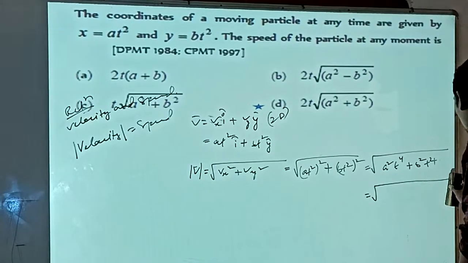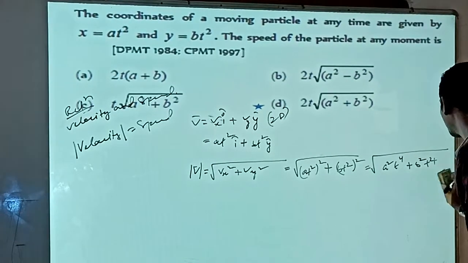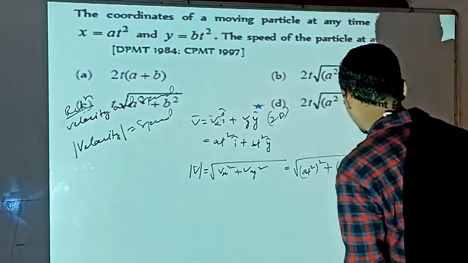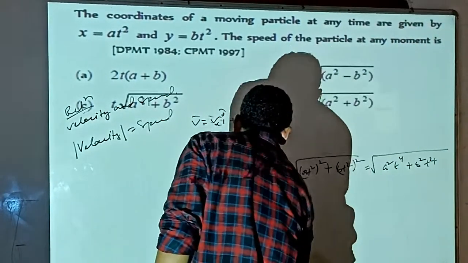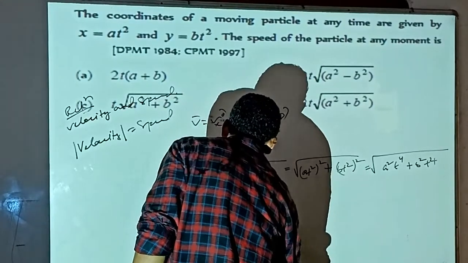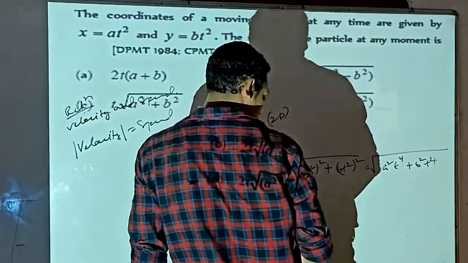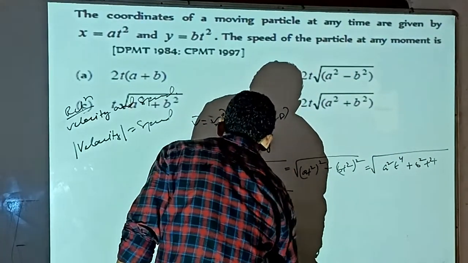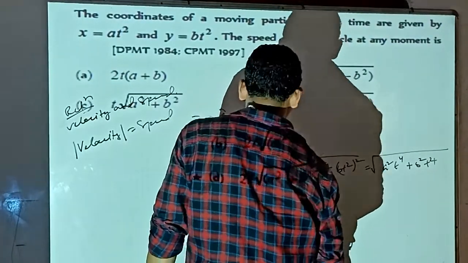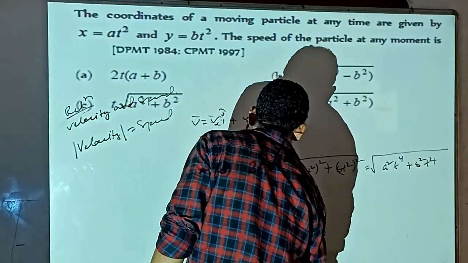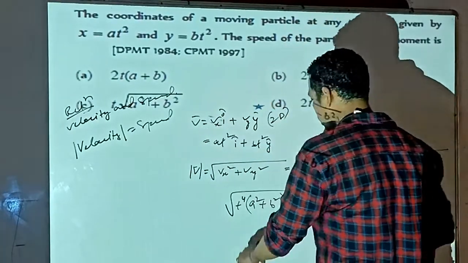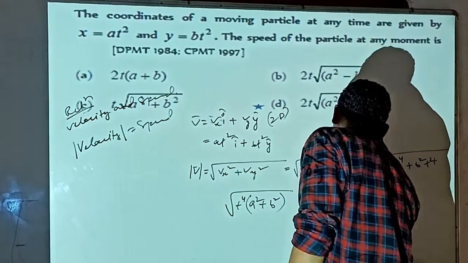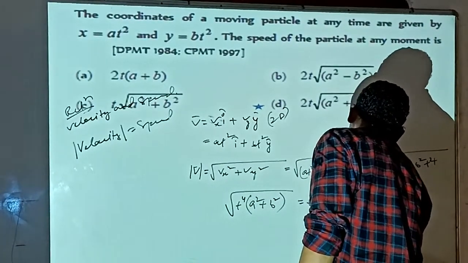If we take t to the power 4 as common from both of the terms, then under root t to the power 4 into a square plus b square. The root of t to the power 4 will be t square, so t square into a square plus b square.